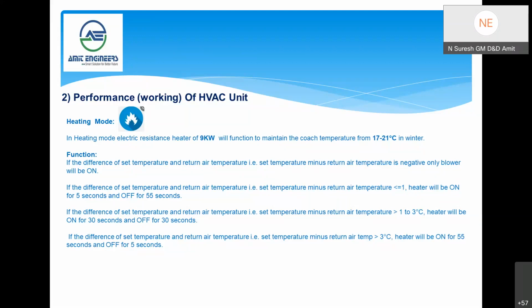There is a sequence and logic given here. So it will heat the air, but the heater will not work continuously, so that we are able to maintain a possible humidity inside the coach. Okay.